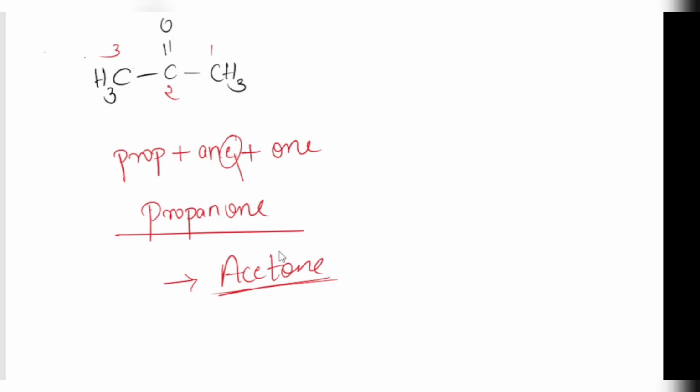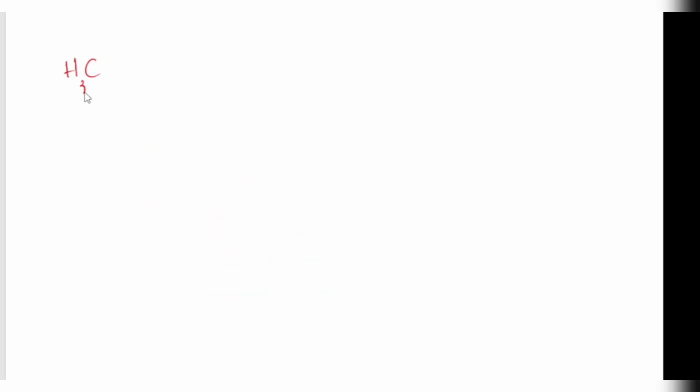Acetone we will use in lab, a versatile compound. CH3, CH2, then C double bond O and OCH3. This particular compound is derived from acids, that is carboxylic acid. We will try to name this particular compound. Now, first of all, we have to start from the functional group, starting from this particular carbon atom, that is 1.